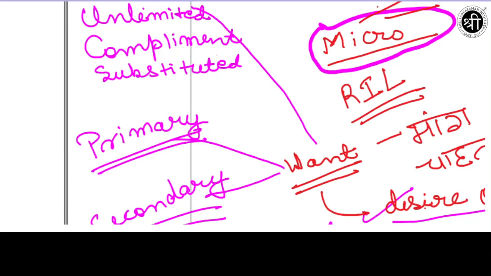Like for example, if you are thirsty and you want a cold drink, and you went to the shop for Coca-Cola, but when you arrive at that shop, they tell you that they only have Pepsi, so you can drink that Pepsi also. So this means that your want of Coca-Cola can be substituted by the want of a Pepsi. Okay, so wants can be substituted.